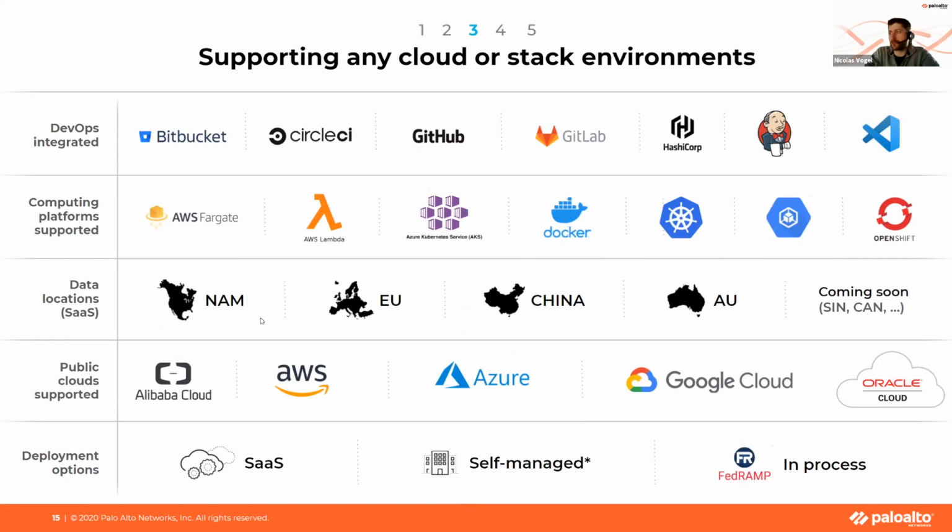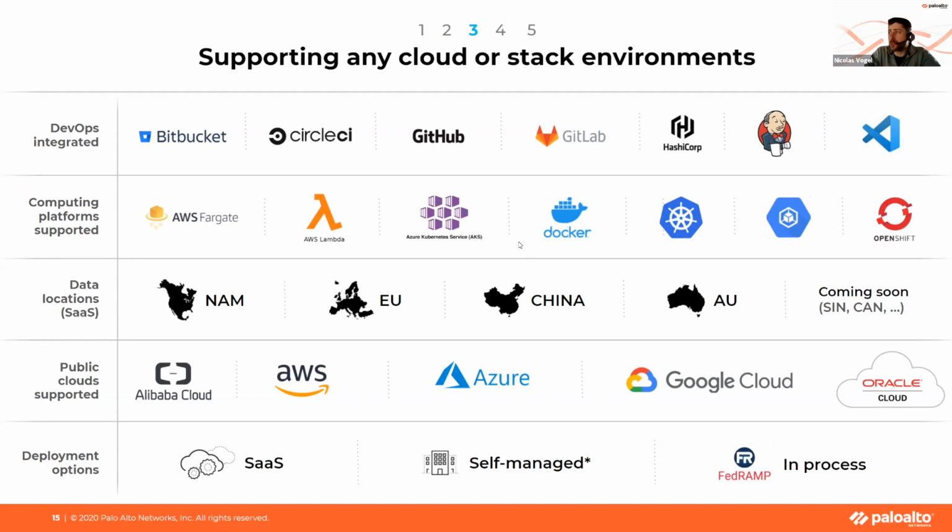For the SaaS version, of course, we have different locations, and you can choose EU, and we have a privacy data sheet for that if you are concerned about GDPR and how we are handling data and where the data are based. So we can share the privacy data sheet with you as well.